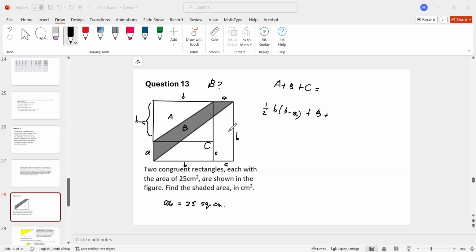And then the area of this part here, this is a triangle, and the area of the triangle is half base. Now the base is A plus B. We are talking about the area of this triangle here. It's half base, which is A plus B, times height.